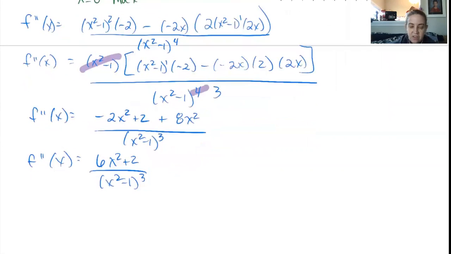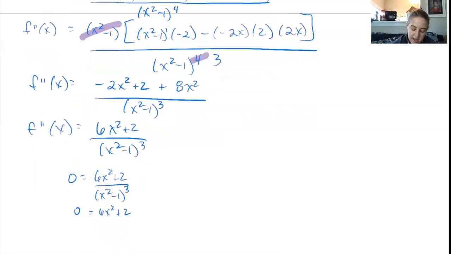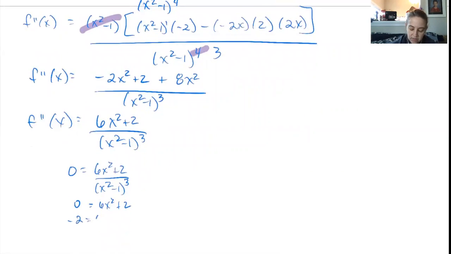In order to find those inflection points, we have to set this equal to 0. So just like with the first derivative, multiply the bottom by the denominator. And I've got -2 is equal to 6x squared. X squared is equal to -1/3. X is the square root of -1/3.